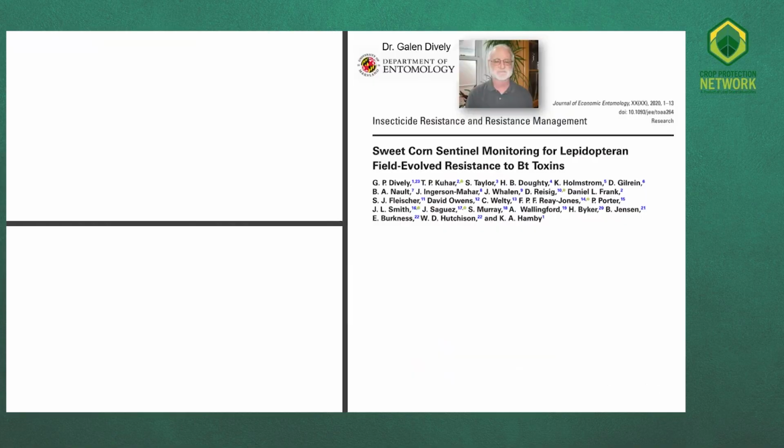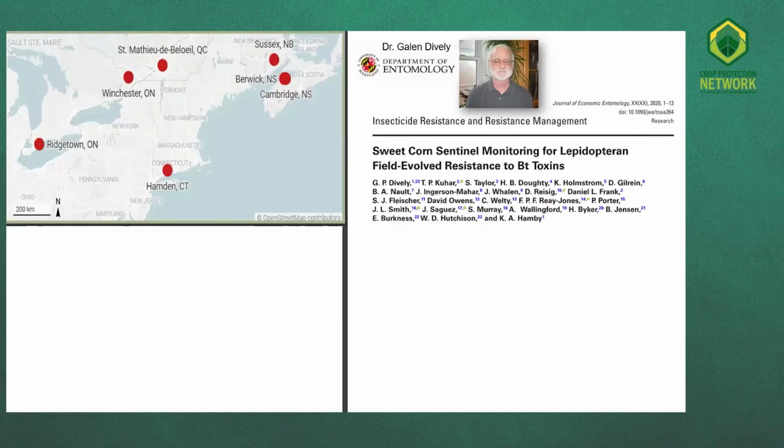And in 2023, we used some sentinel plots, where we put out BT and non-BT hybrids to monitor for resistance. This is a project that was led initially by Galen Dively from the University of Maryland. You can see these spots on the map where these sentinel plots have been placed in Eastern Canada. Another collaborator in Hamden, Connecticut, also planted one of those plots in 2023.